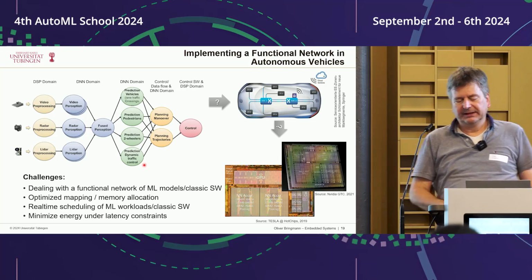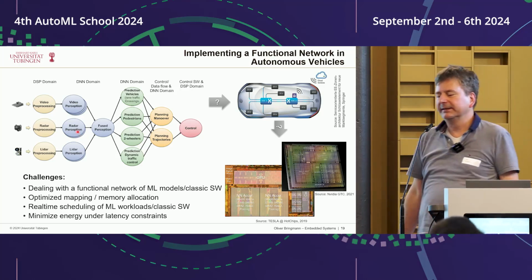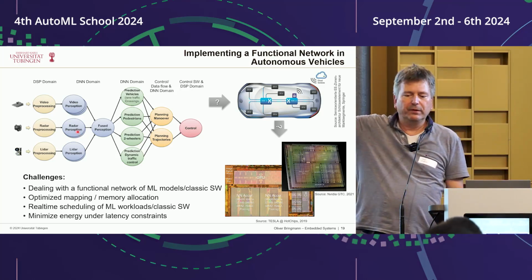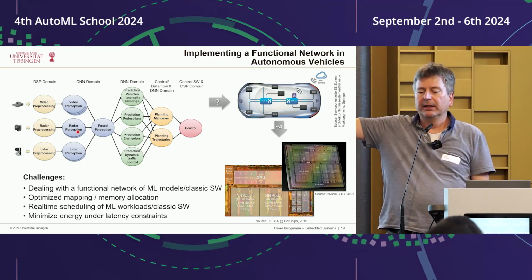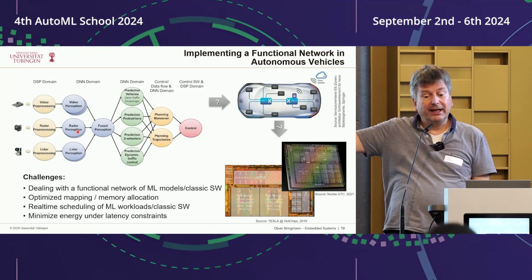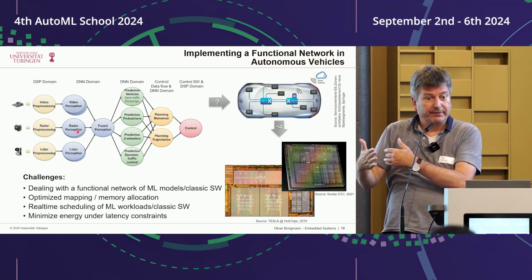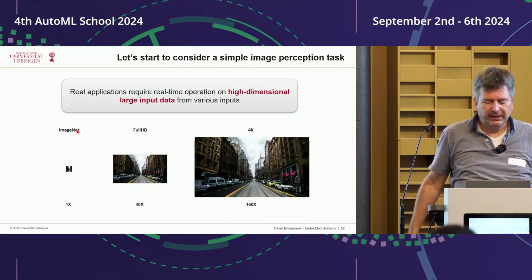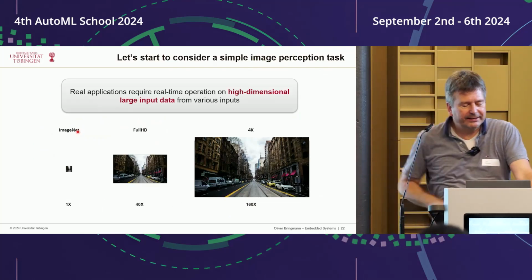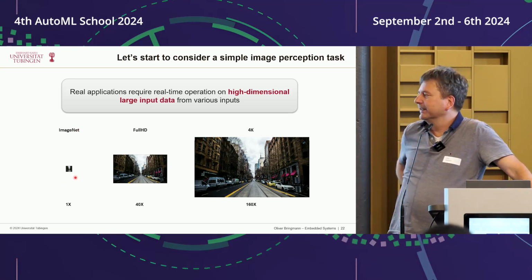Okay, then let's just take one task. Let's say an object detection task will be executed multiple times with different algorithms to do also some kind of plausibility checks. It's very important. But let's take just a single task, and that's what a lot of people are doing, to consider ImageNet, for example, as a starting point.